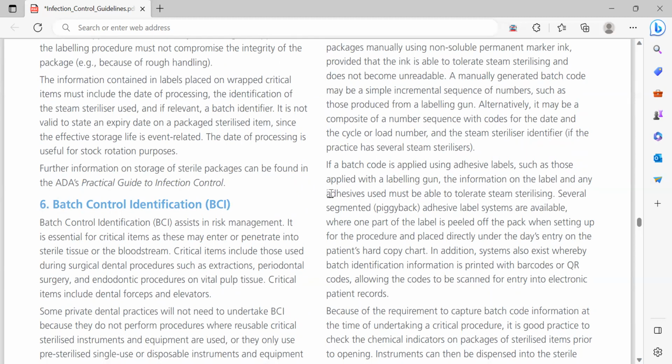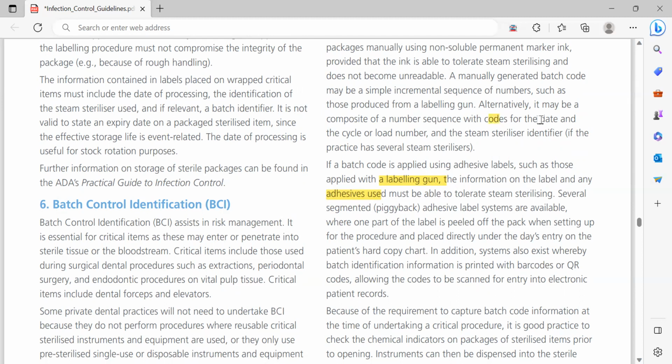Sometimes it is just an adhesive label put on with a labeling gun. Sometimes they use a stamp, or sometimes they just write the code with a pen or pencil.